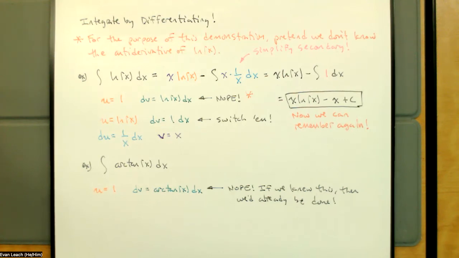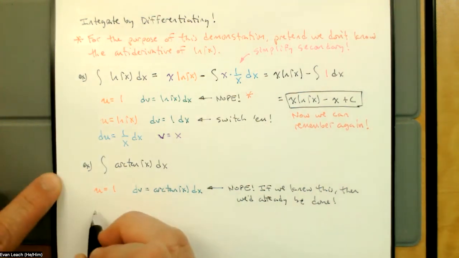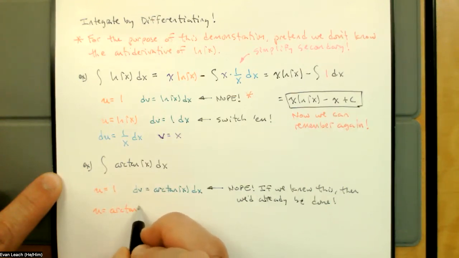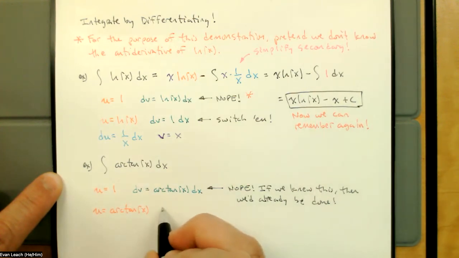So this is not the way. Parts strategy is to just try the other way. Let's make u arctangent because we do know the derivative of arctangent of x. And that leaves only 1 and the dx to be the dv.